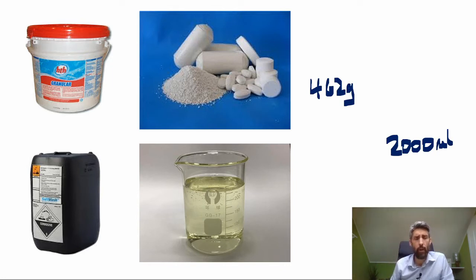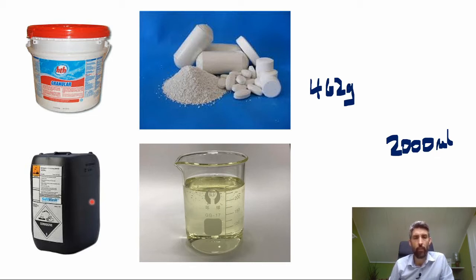So, for example, with the sodium hypochlorite, it usually comes in these sort of 20 kilogram barrels. Don't attempt to pick that up and somehow pour out the required quantity. That's just asking for trouble.